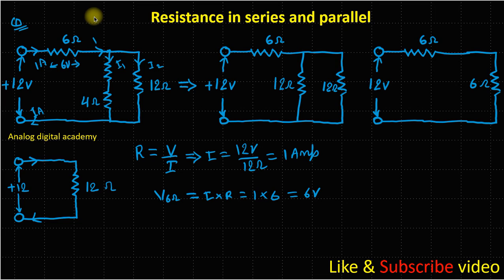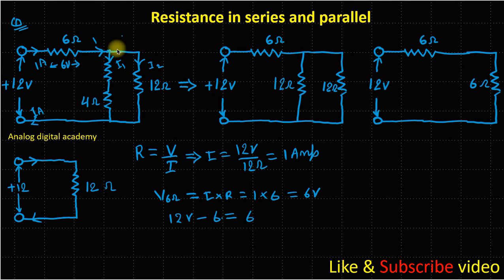How will we calculate the voltage at this point? This voltage, 12 volt, minus the voltage across the resistance will be equal to the voltage here. So 12 volt minus the 6 ohm resistance voltage, which is 6, equals 6 volt.